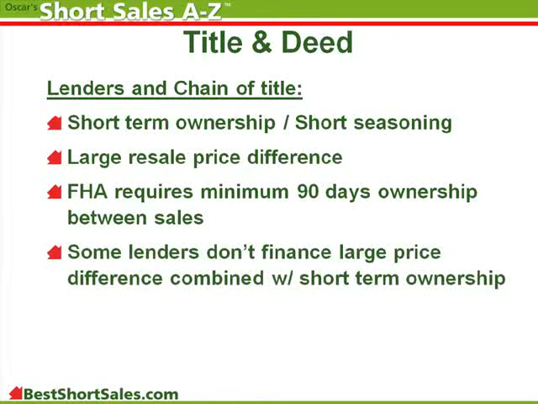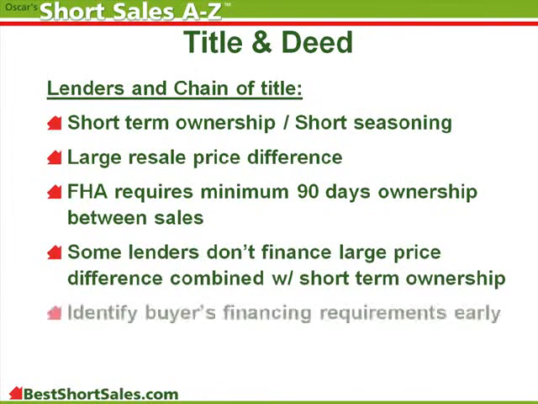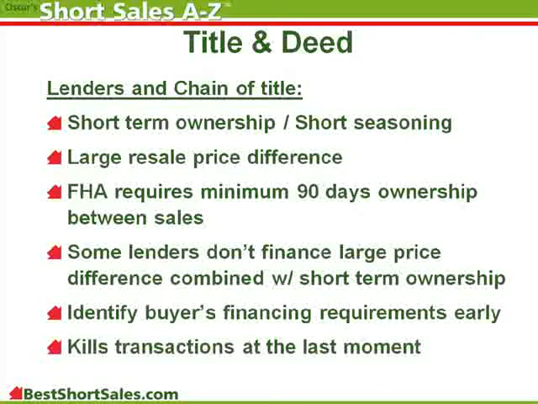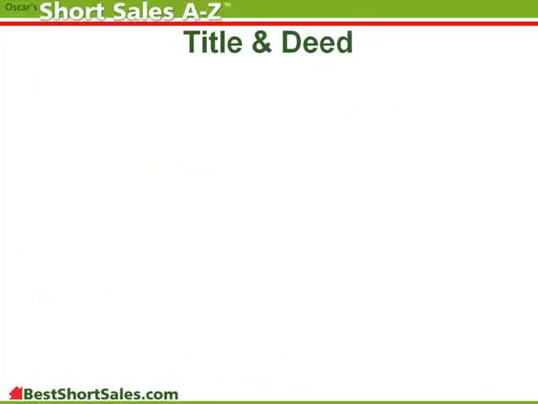In addition, some lenders will not finance properties with combined short-term ownership and a large purchase price difference. Investors owning short-term must avoid this potential impasse by identifying a buyer's source of funding early. Seasoning problems tend to kill transactions at the last moment.